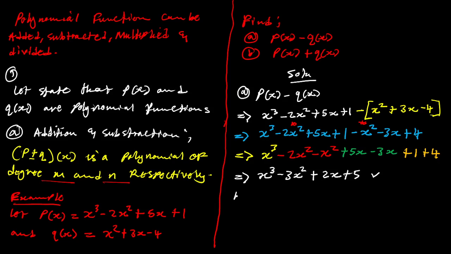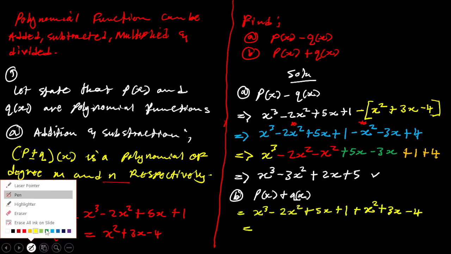With that being done, we'll collect the like terms. For this one, I won't group them the way I did before. So x cubed will come alone, the way it is.